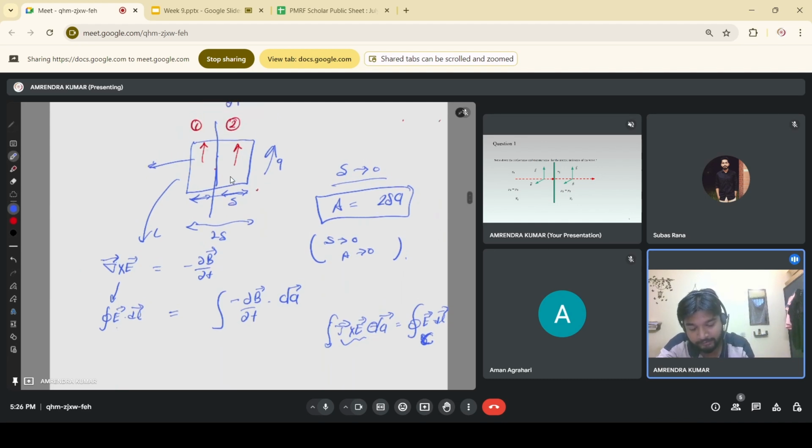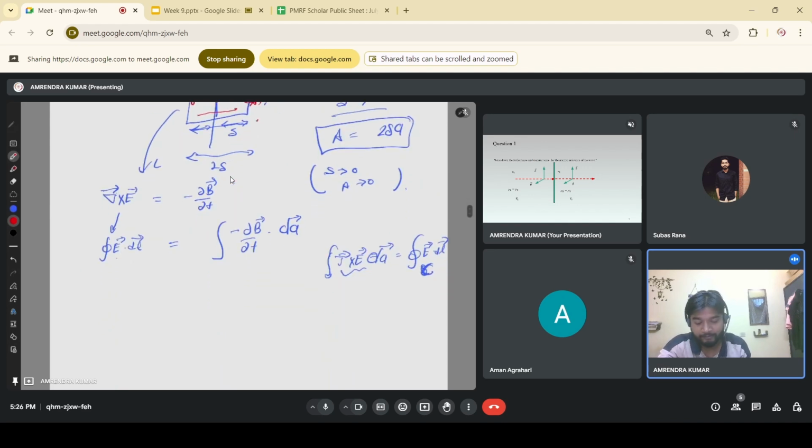If the electric field parallel components are like this across the boundary, then going this way, dl and E are in the same direction, and coming back this way, dl and E are in opposite directions. So we have E1 parallel minus E2 parallel equal to, and on the right you can take out the del B over del t, but this is B dot dA.